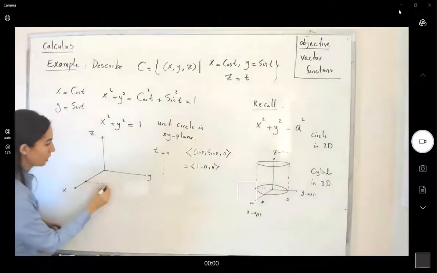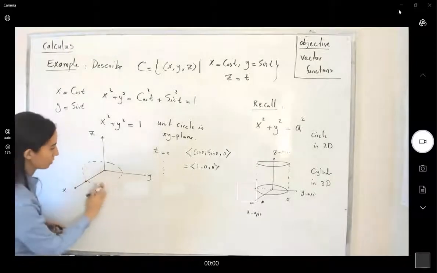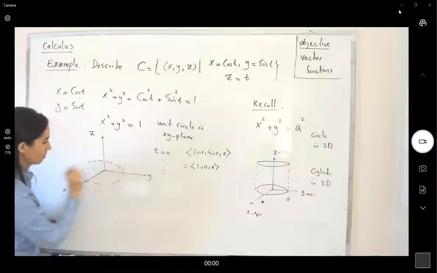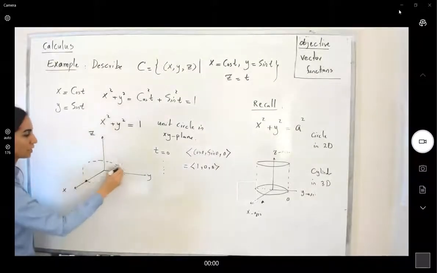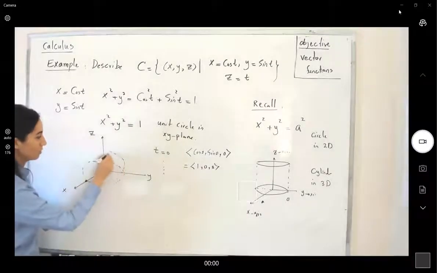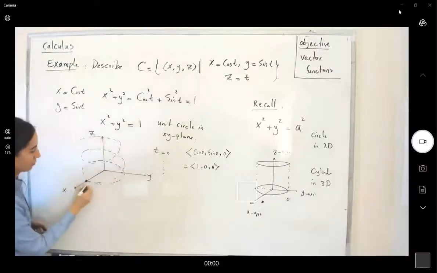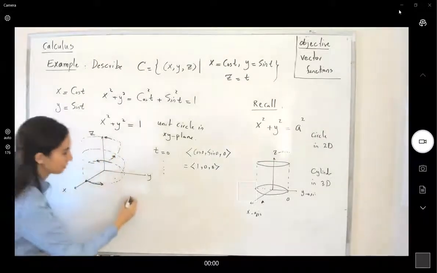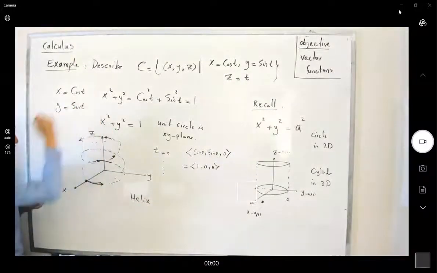Let me graph it a little bit better. This particle starts at this point, for example, and starts moving around counterclockwise, in a cylindrical format. This is actually a helix. And it continues.